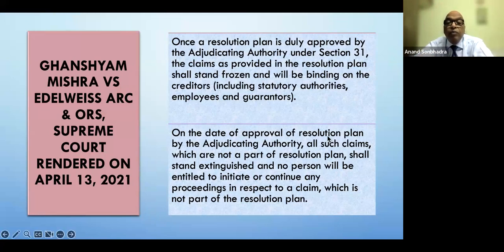On the date of approval of the resolution plan, all such claims that are not part of the resolution plan shall stand extinguished, and no person will be entitled to initiate or continue any proceeding in respect of a claim which is not part of the resolution plan.